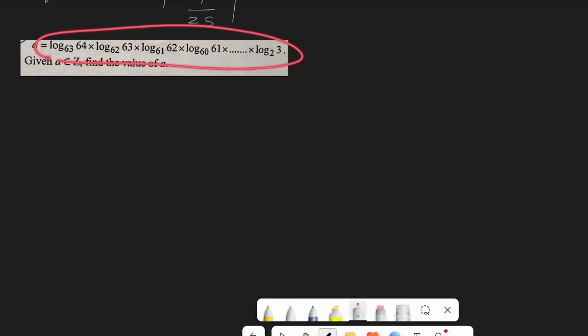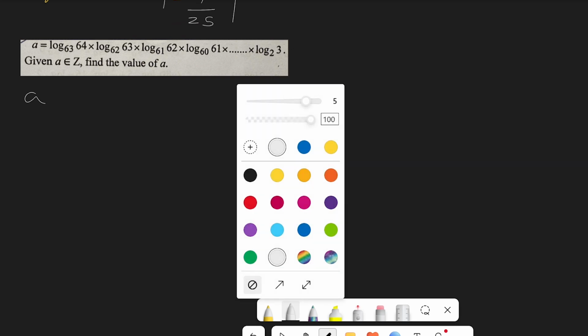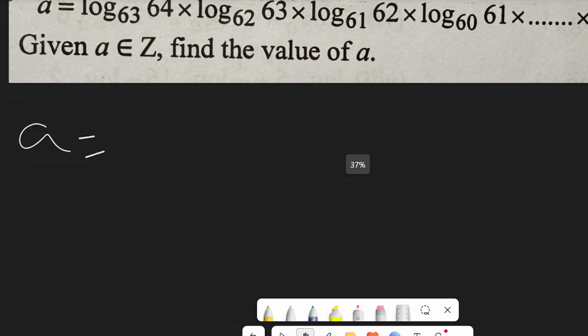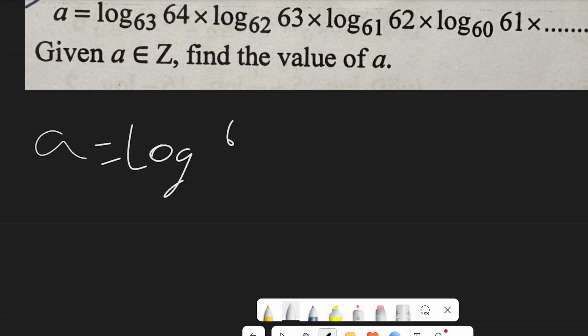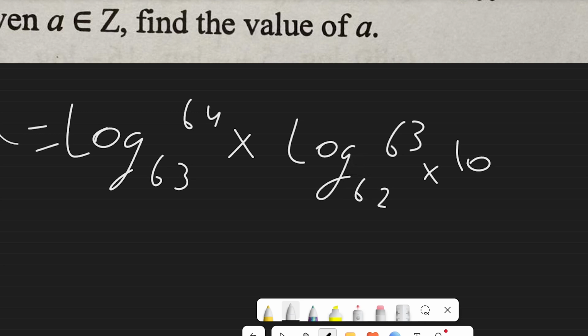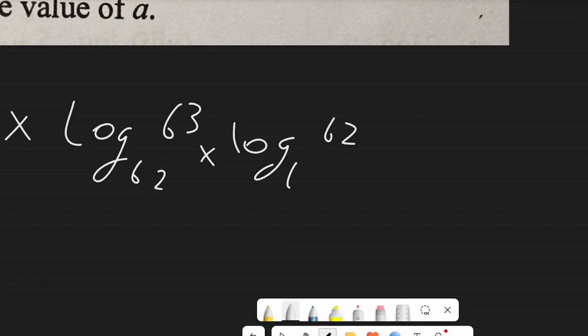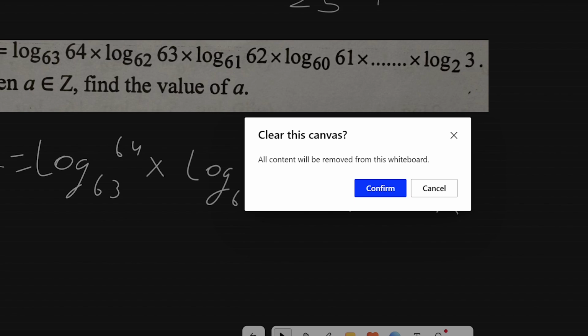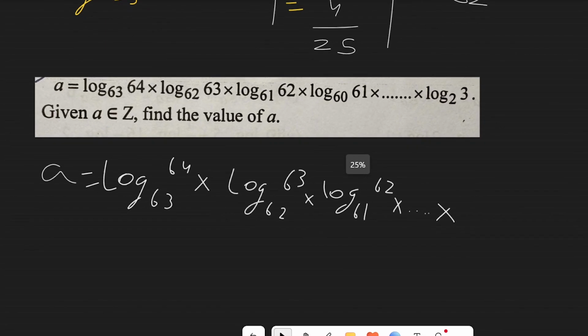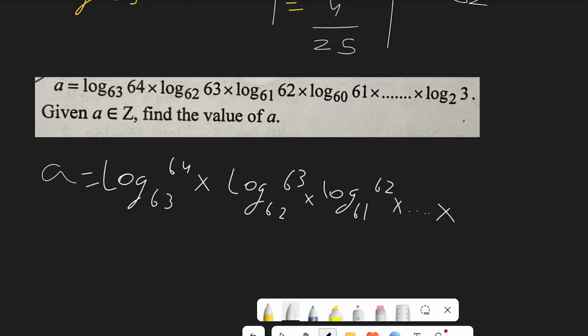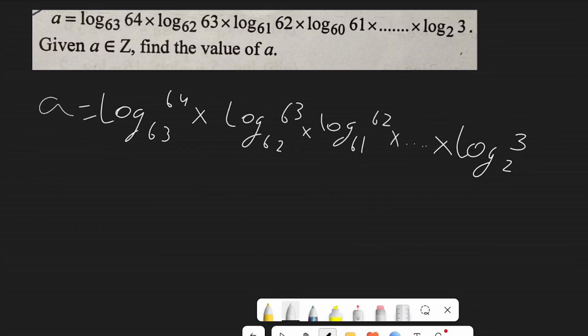Let's just say that a is equal to log of 64 to the base 63 times log of 63 to the base 62 times log of 62 to the base 61, and so on until, I've missed one term over here, but it's okay, until it is log of 3 to the base 2. So what we have to do is find the value of a.